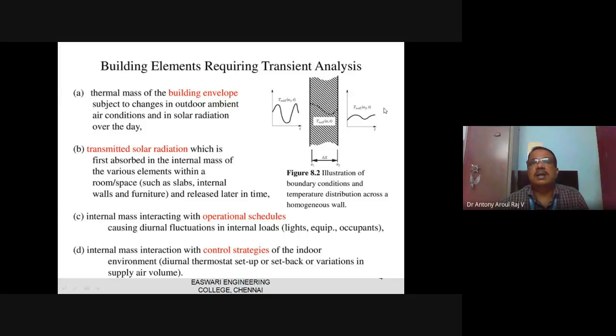For example, if you have a metal plate separating, and the temperature signal enters like this, it will come out almost the same. So the heat capacity, the product of m into cp, plays an important role in building systems. Also the transmitted radiation and the heat generated inside the buildings, all these put together affect the temperature inside the building.